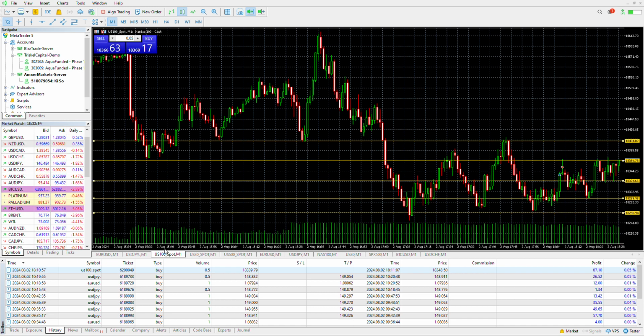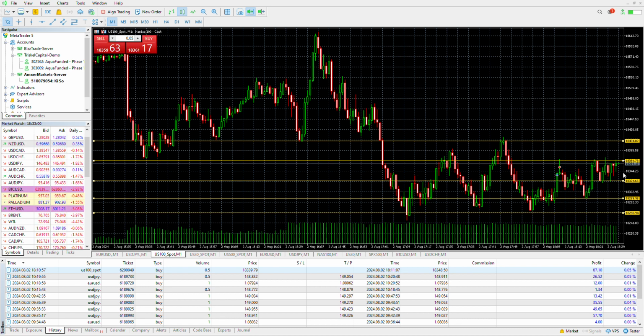I'm waiting for a particular setup. Oh yeah. So I would think that if it breaks this, this is resistance here. If it breaks that, it should scream up. It's 9:30.